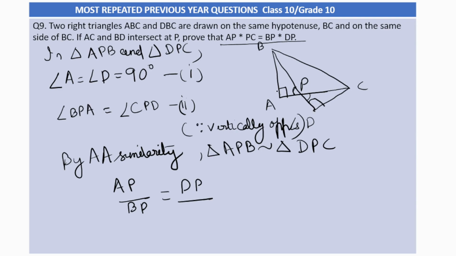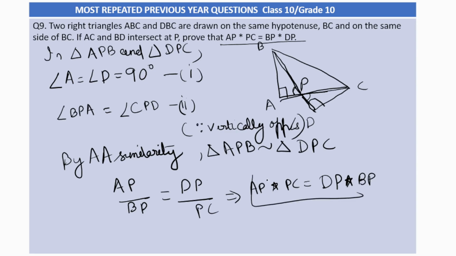AP by BP is equal to DP by PC, which implies AP into PC is equal to DP into BP, right? We have proved that, hence proved by angle similarity, AA similarity, we proved that these two triangles are similar.